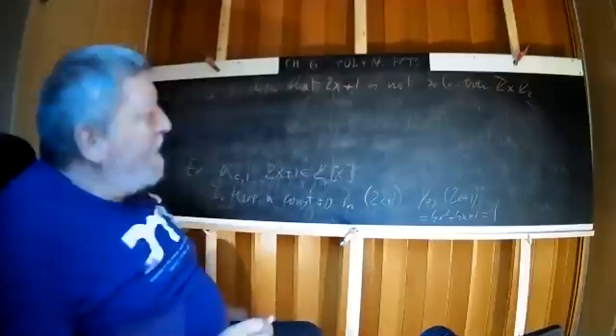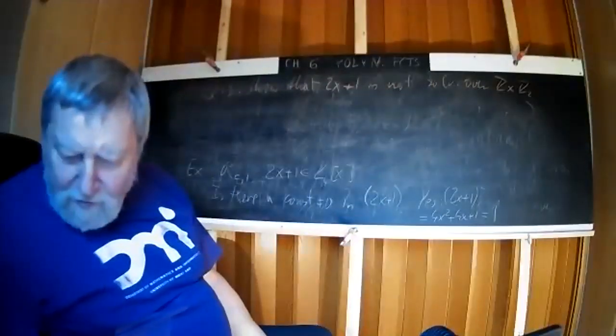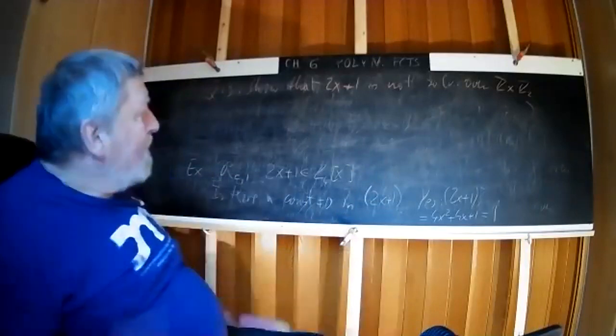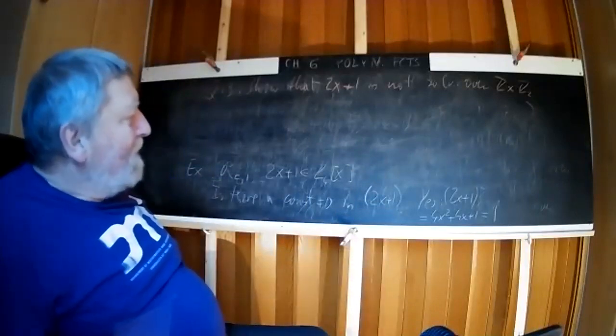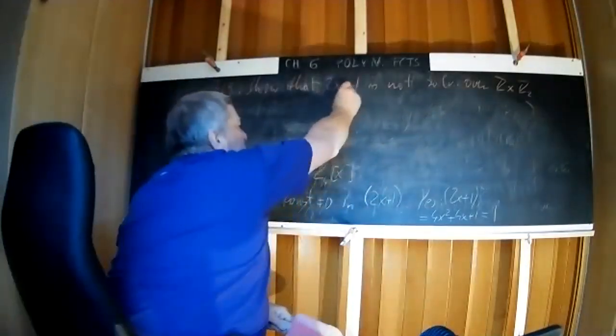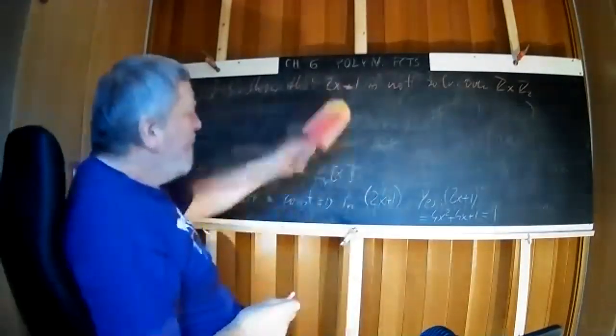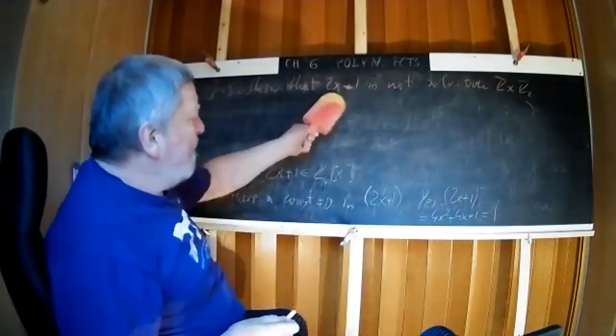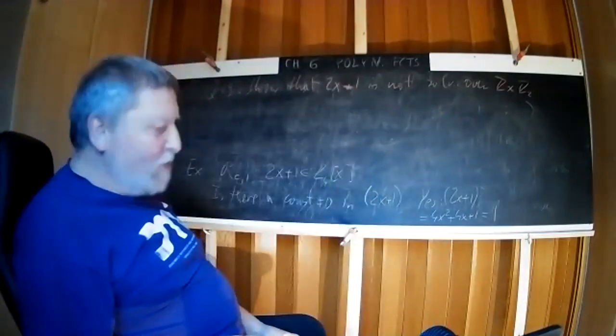It's quite a good exercise to do this, really to find out at what point you get a constant in the ideal generated by 2x plus 1.